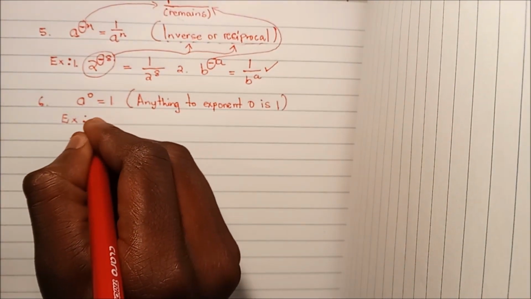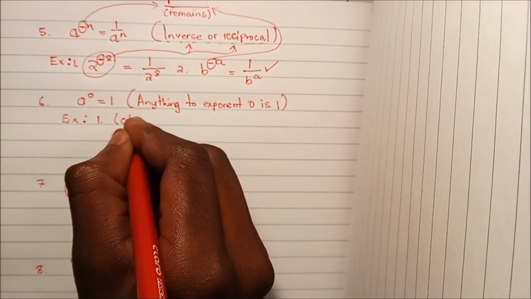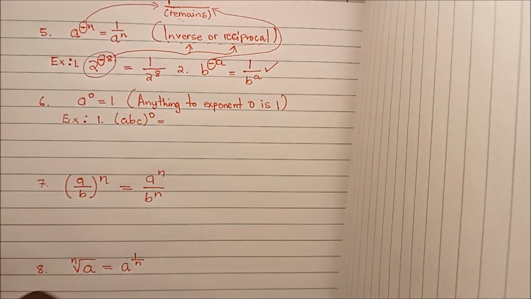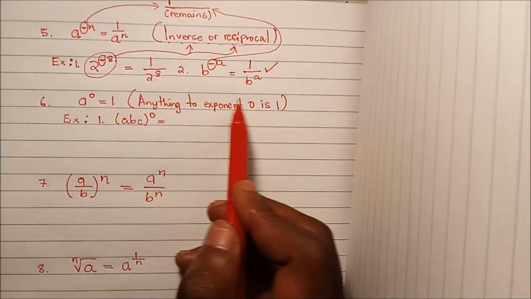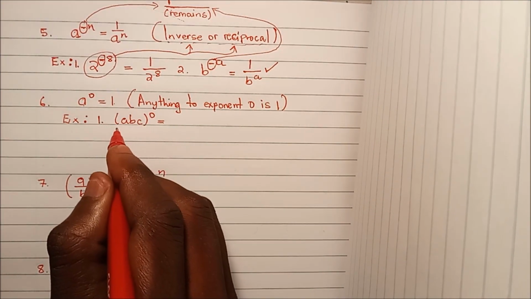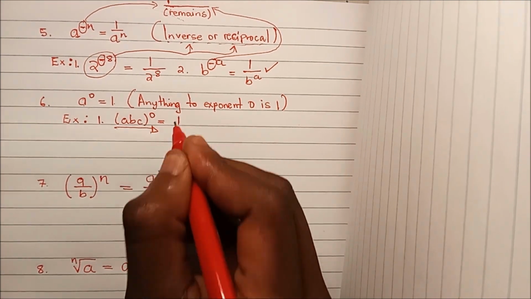First example, let's say you have (a, b, c) to the power of 0. Using the idea here, we said anything to the exponent of 0 is 1. So the answer for this one is going to be 1.